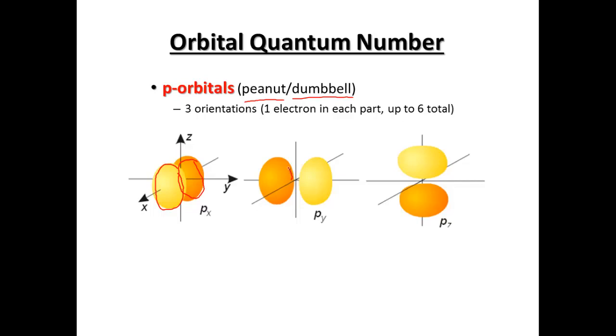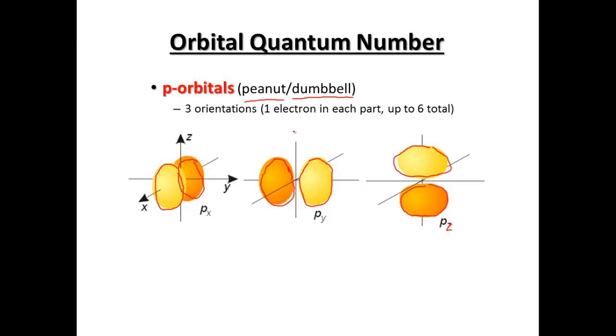Along the y axis, we've got another set of orbitals where the electron can be placed. And then a third set of orbitals, kind of peanut or dumbbell shape when you put the two together, along our z. So in 3 dimensions, x, y, and z, these are where those electrons can be placed.